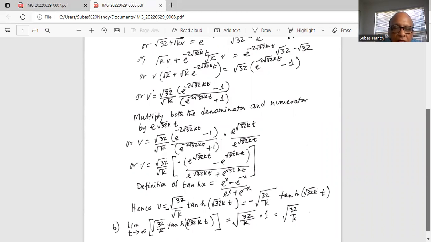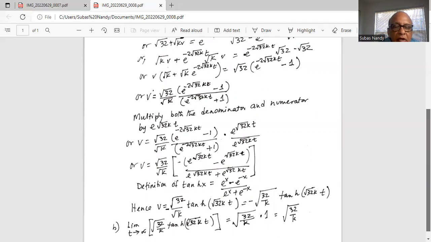There is a slight bit of mistake in the sense that the second term in both the numerator and denominator should be e to the power of minus square root of 32 kt. So actually in the numerator inside the parenthesis it should be e to the square root of 32 kt minus e to the minus square root of 32 kt, and in the denominator it will be e to the square root of 32 kt plus e to the minus square root of 32 kt.